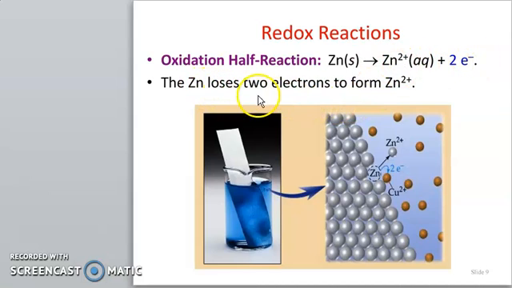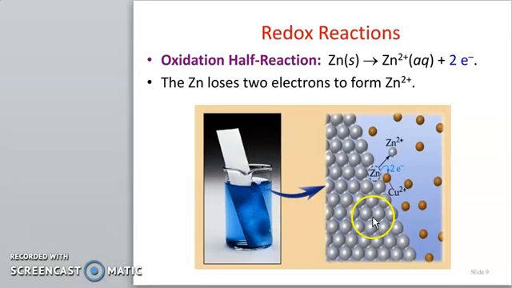The zinc loses 2 electrons to form Zn2+. This type of reaction happens in a solution. Here is the solid zinc, and when it reacts with another element or atom, the oxidation takes place.